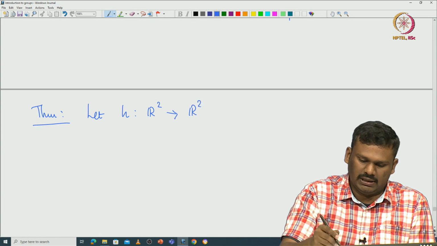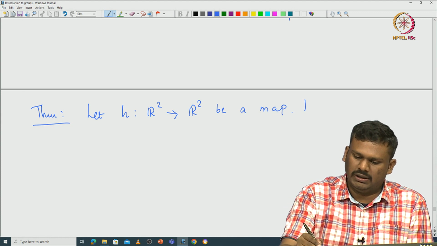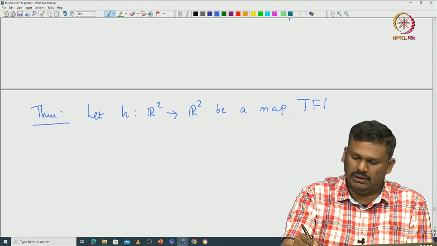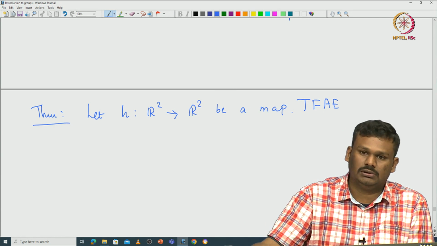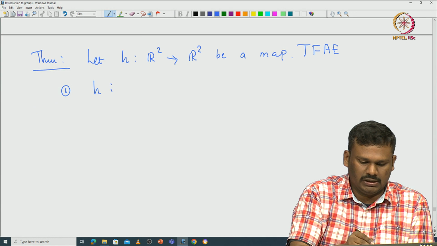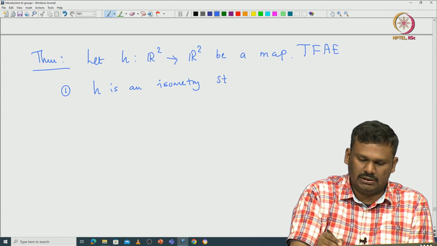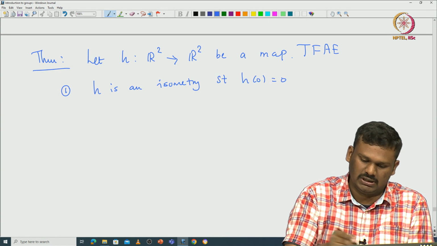You start with a map, not necessarily isometric. Then one can prove that the following are equivalent. What are they? The very first condition: H is an isometry such that H of 0 is 0. So, it fixes origin.